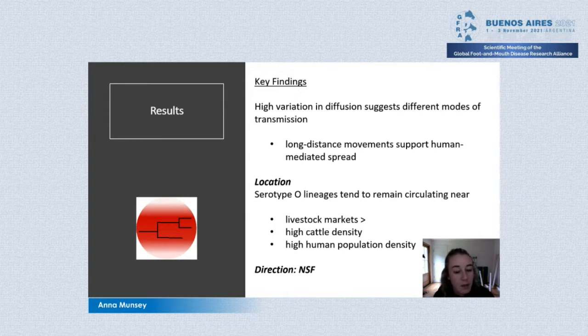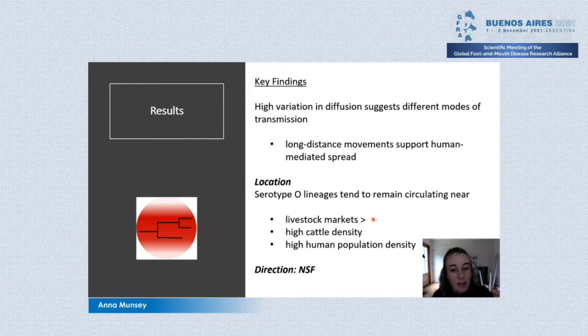For our location analysis within Seraphim, we found a tendency for serotype O lineages to remain circulating near livestock markets. That was the finding that had the most statistical support. We also found evidence of serotype O lineages remaining circulating in areas of high cattle density and high human population density. For our directional analysis, none of the predictors that we tested were statistically significant.